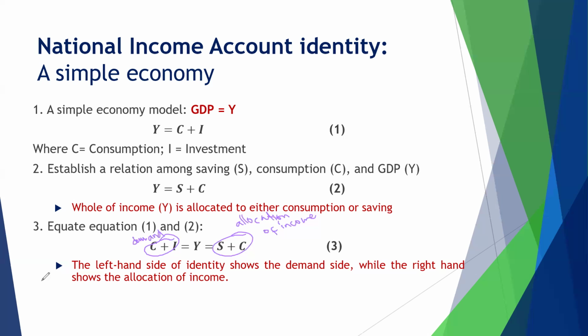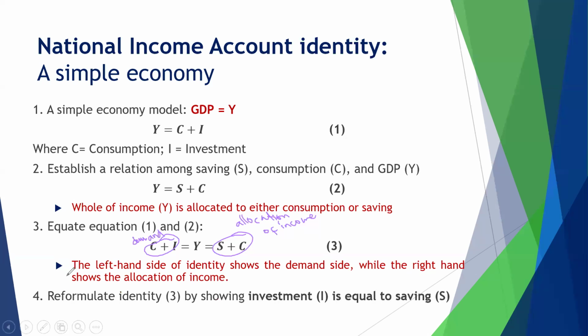Now, let's proceed with the fourth step. We are going to reformulate identity 3 by showing that investment is equivalent to savings.